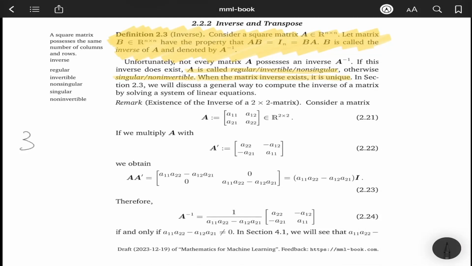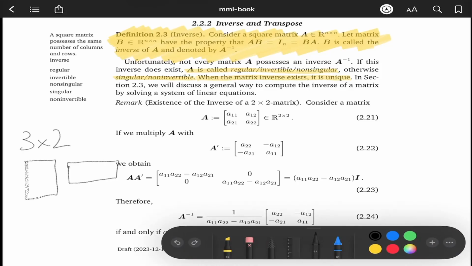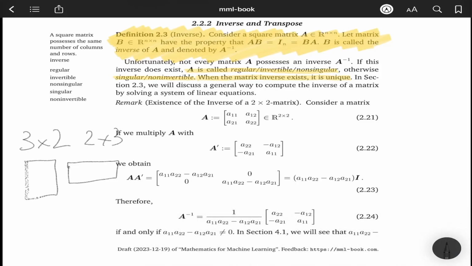So if your matrix is 3 times 2, you could think of a matrix which has the shape 2 times 3, and if you multiply them together, you will get a square matrix, 3 times 3.